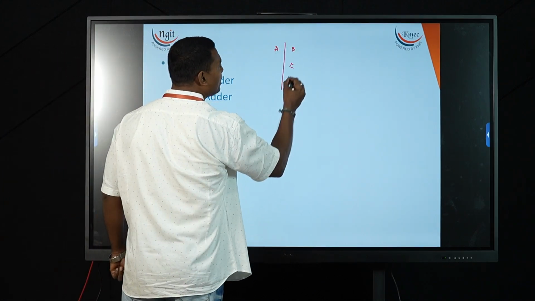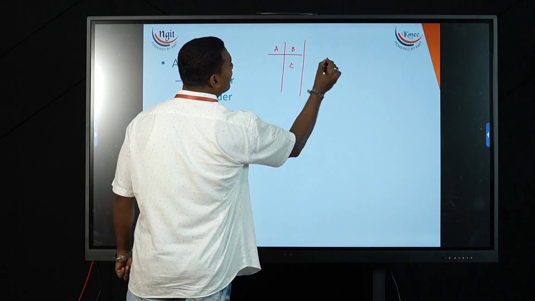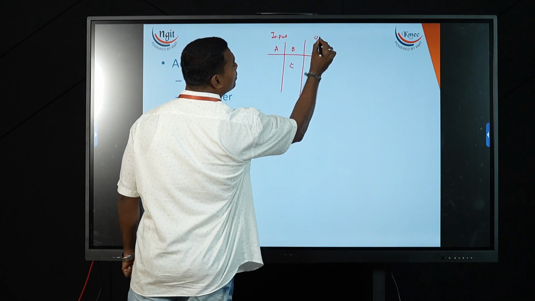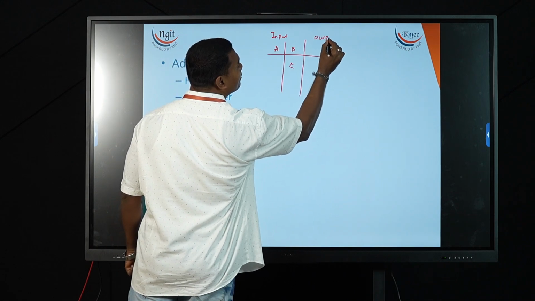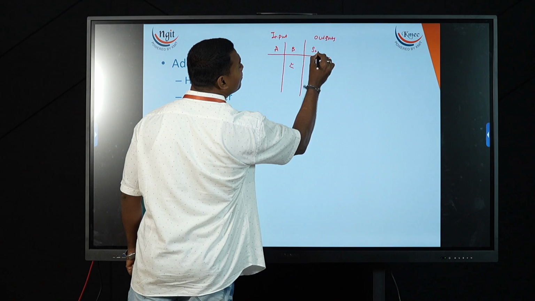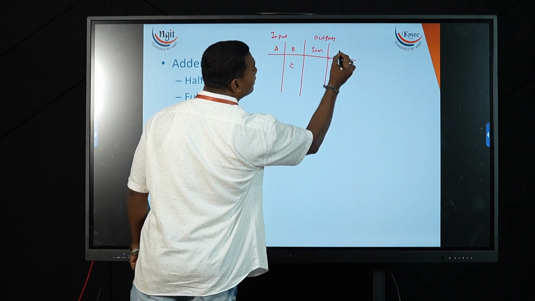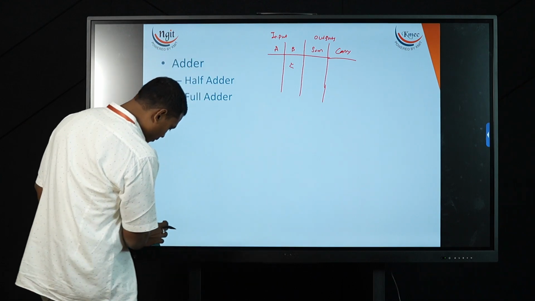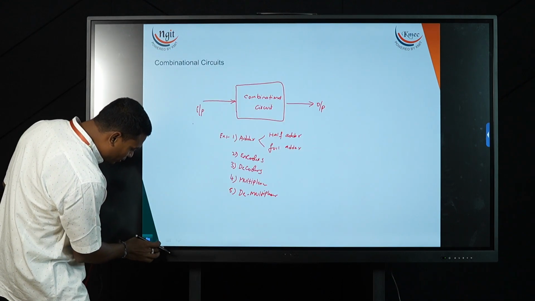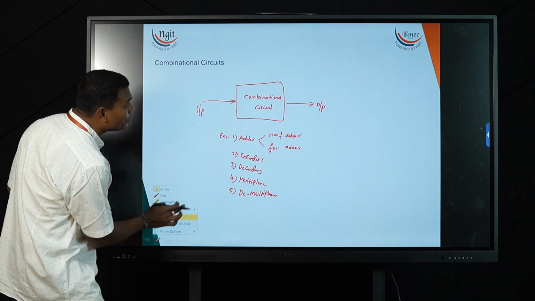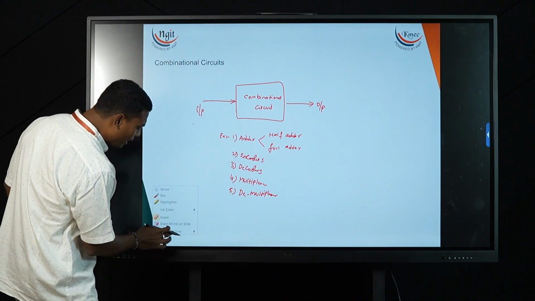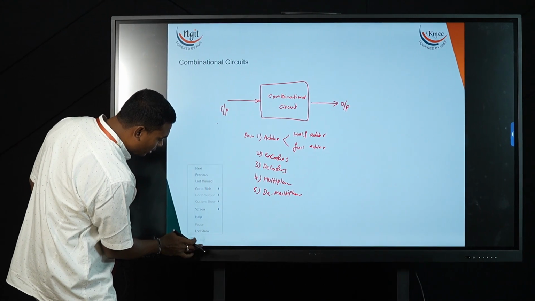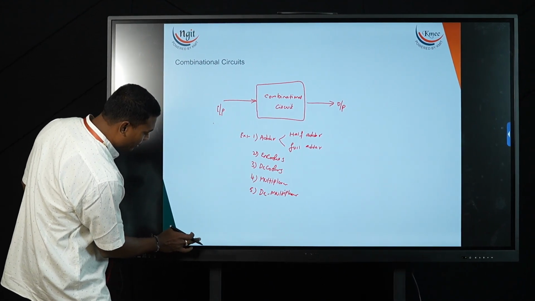So A and B are my inputs, and the outputs will be generated as sum as well as carry. As there are two inputs, we are going to have 4 combinations.